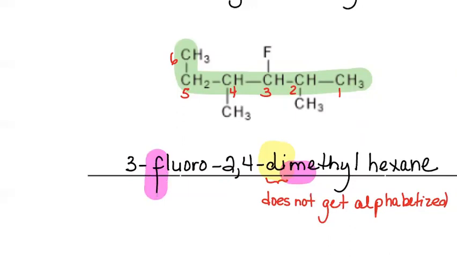So the 3-fluoro will come first before the dimethyl because the di doesn't count in the alphabetization. So out of the 3 different types of alkanes, the one that has the most rules is going to be when we have multiple substituents that are different. Okay.